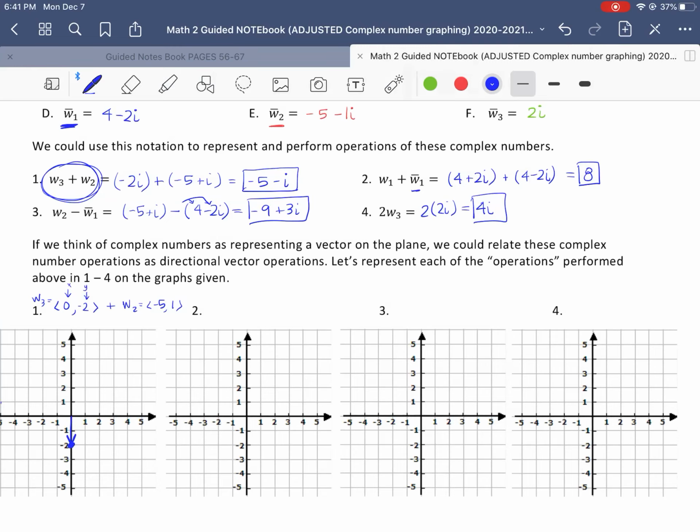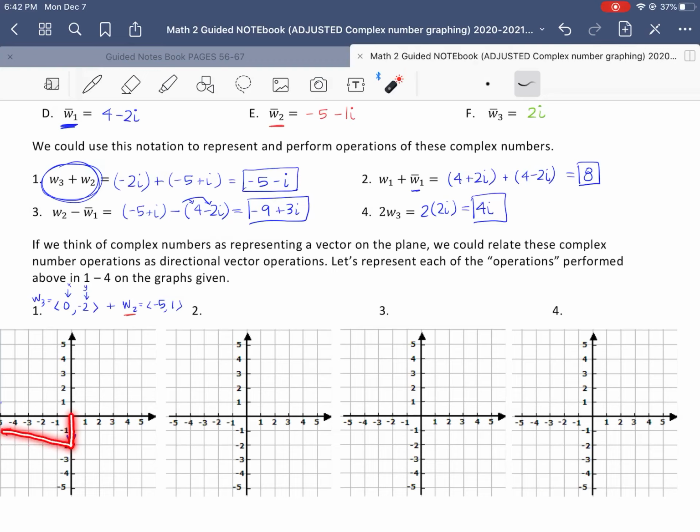But remember when you did vector addition and you wanted to add the next vector, you started at the end of where the last vector left you off. So you're going to go left 5 and up 1 from the point where you left off. So this guy right here represents that vector addition.